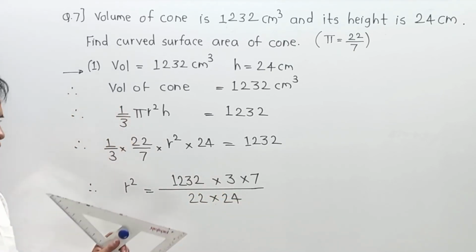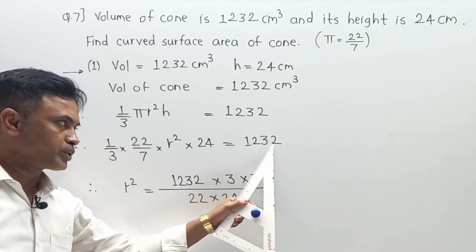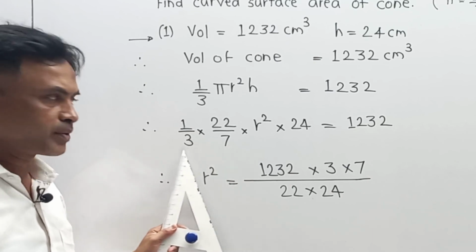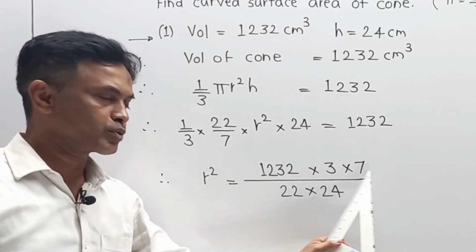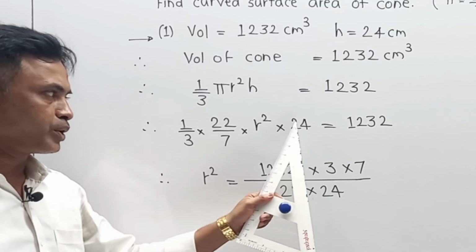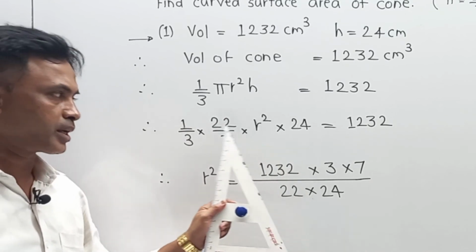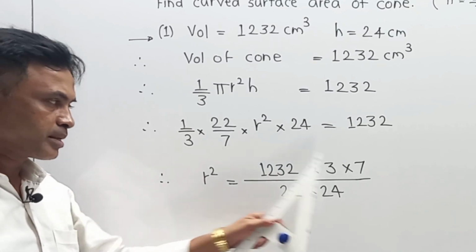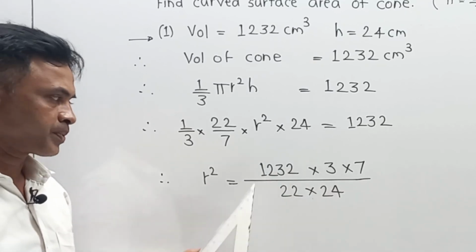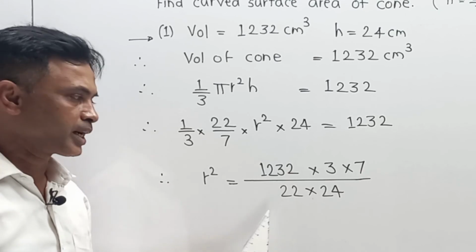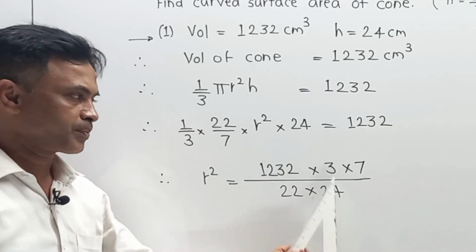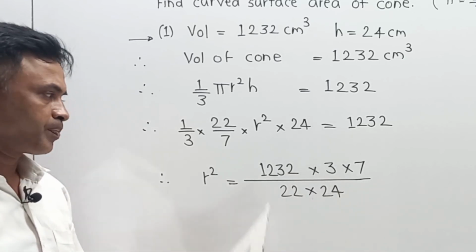Once again, 1232 is as usual. Towards this side, 3 and 7 divided by, shifted over here, becomes multiply by, so 3 into 7. And 22 into 24, a multiply at the numerator, shifted to that side becomes divided by. The next and main part is simplification of this evaluation. 22 we can write as 11 into 2. 24 we can write as 8 into 3. 3 and 7 are already in simple form.